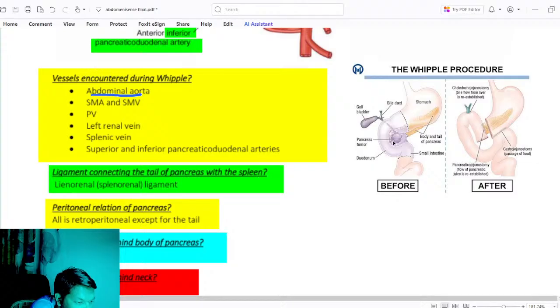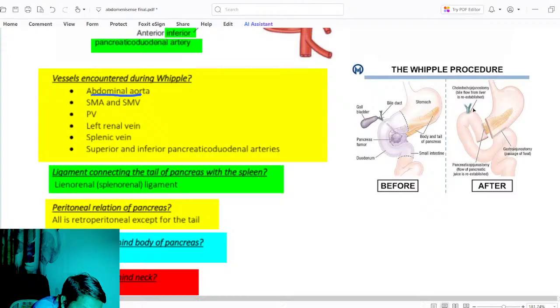So this is a pancreatic tumor in the head of the pancreas. So they remove the head of the pancreas, the duodenum, pylorus of the stomach, gallbladder, sometimes bile duct, and part of the jejunum, and then they make the pancreas directly attach with the jejunum, and the hepatic duct actually, not bile duct, hepatic duct.